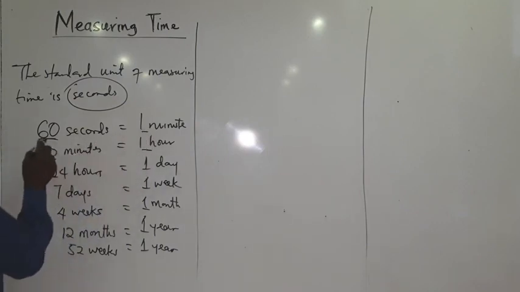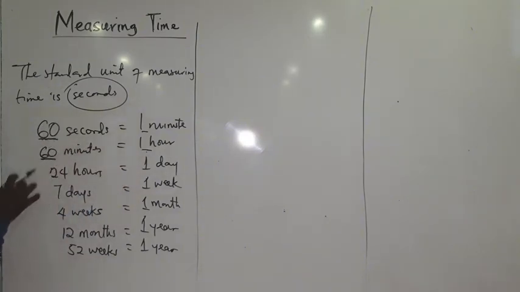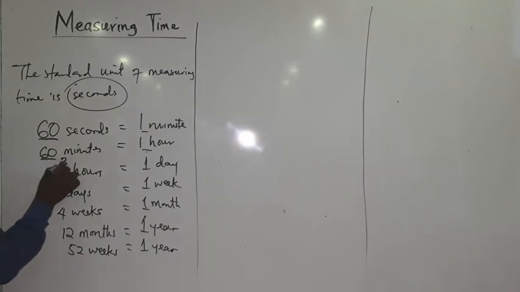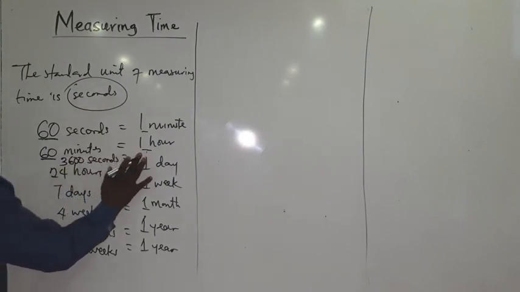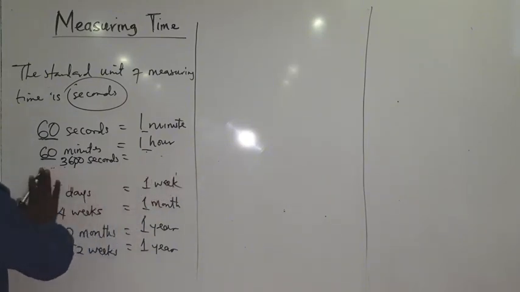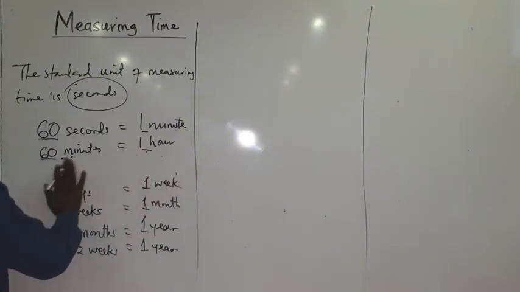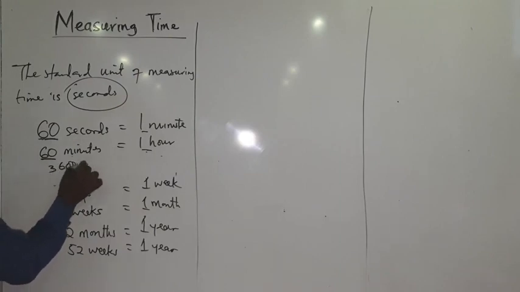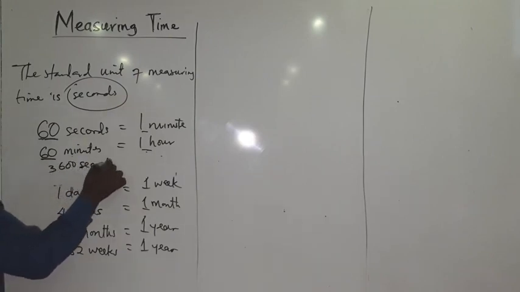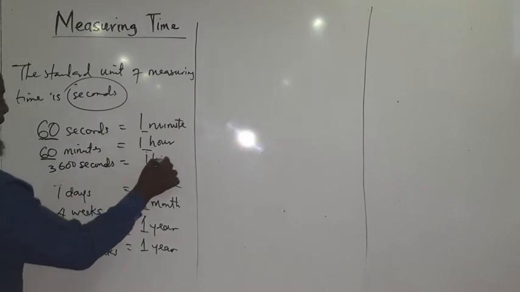Before we move on here, since 60 seconds gives you 1 minute and 60 minutes gives you 1 hour, how many seconds will give you 1 hour? That is 60 times 60, which will be what? 3,600. So I have to put that here: 3,600 seconds will give you 1 hour as well.